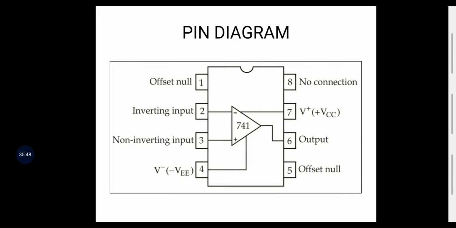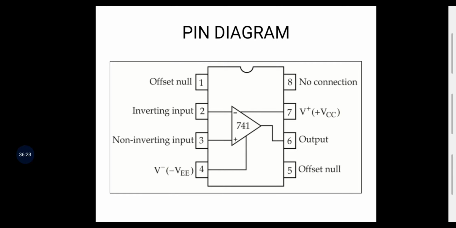Next, the eighth pin is no connection. This pin is just for balance and the symmetric dual in line package look. For balance purposes we use this pin, so symmetrically there are 4 on one side and 4 on the other. This is the no connection pin, there is no need of this pin.